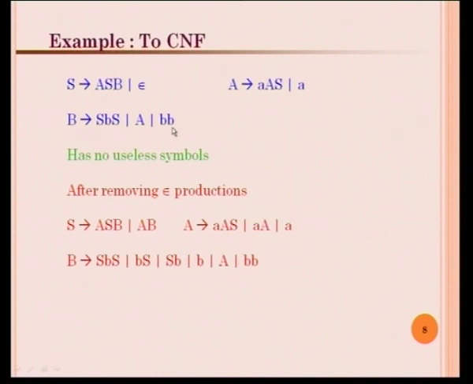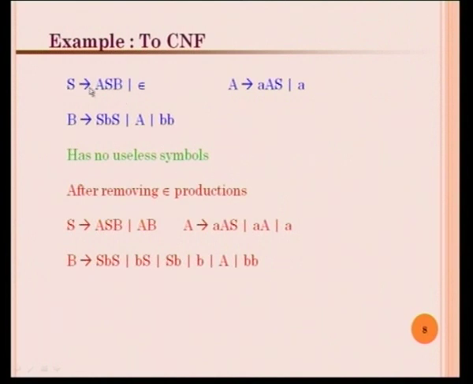We do not find any useless symbols in this example, but we have epsilon productions. Once we find the epsilon productions, they can be eliminated, and here we find S is nullable. Since S is nullable, we must apply the algorithm for the elimination of epsilon productions.